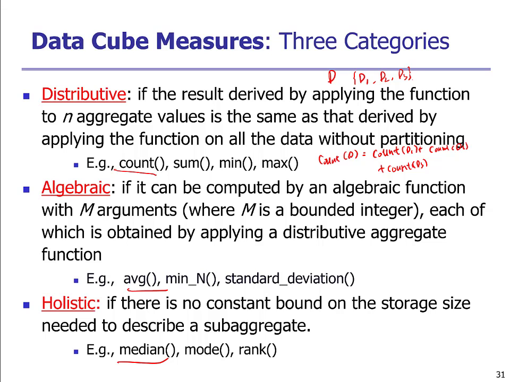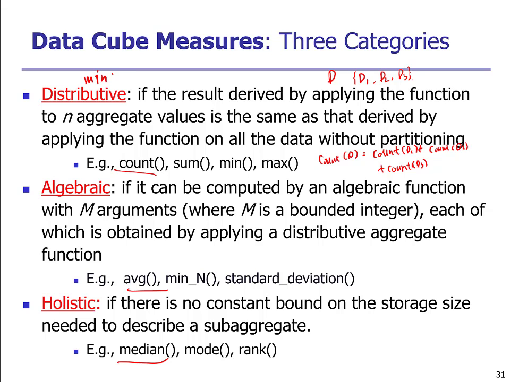For min and max, the aggregate function applied to the results on different partitions is different. For count and sum, we sum up the values derived from different partitions. But for min and max, we apply min or max again on the values derived from those partitions, right?